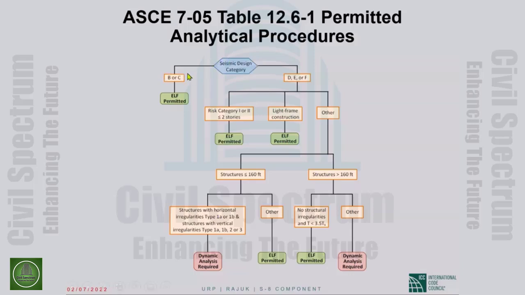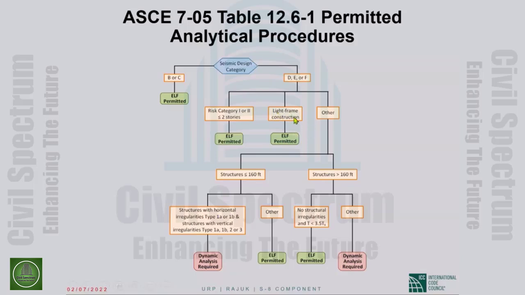If the design category of your structure is B or C, then equivalent lateral force procedure is always permitted. You never have to do dynamic analysis. If, however, your design category is D, E, or F, and this definitely is more US than anything else, still, let me give you a complete picture of what ASCE 7 tells you.